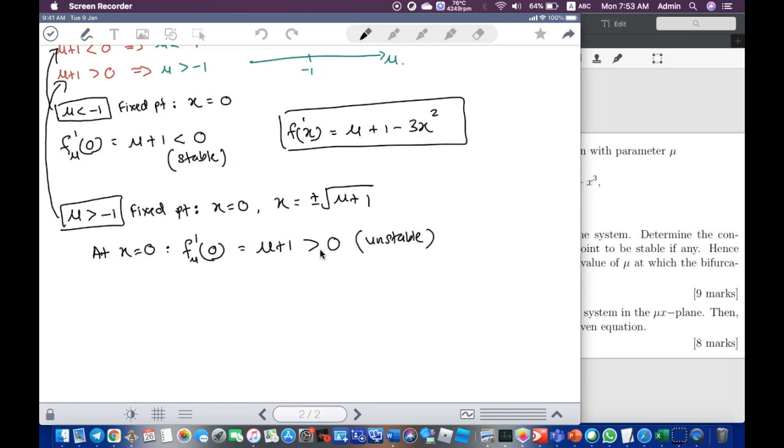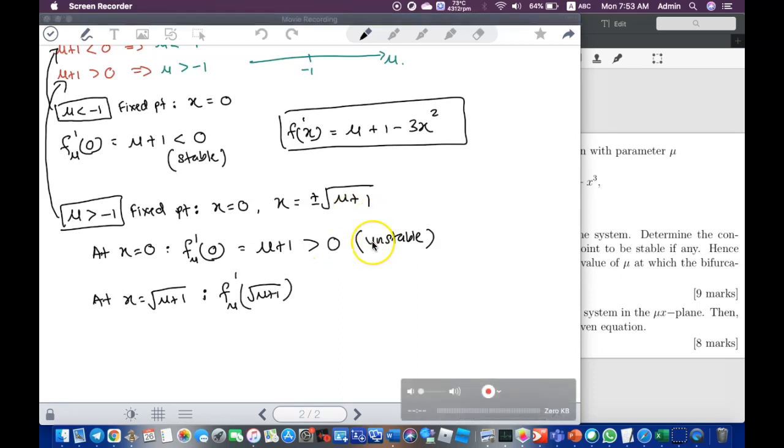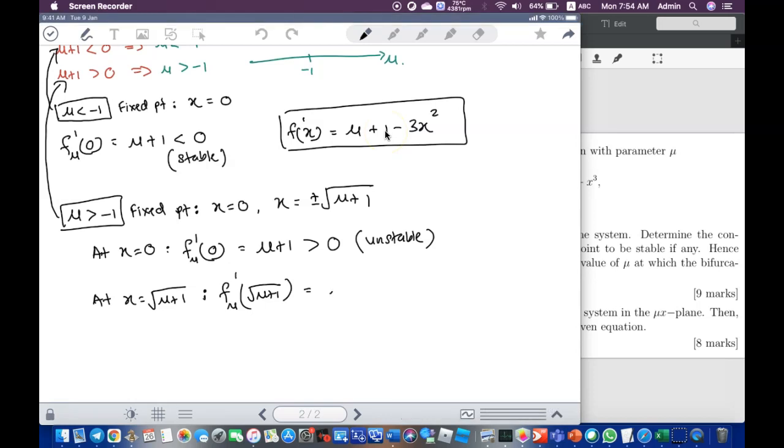Okay, and then we go to the next, at x equal to positive square root of mu plus 1. So we replace x with the positive square root of mu plus 1, and then we substitute into f prime. So mu plus 1 minus 3 times x squared, so mu plus 1. So mu plus 1 minus 3 mu minus 3.